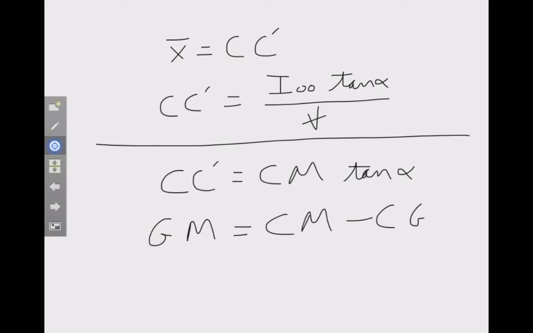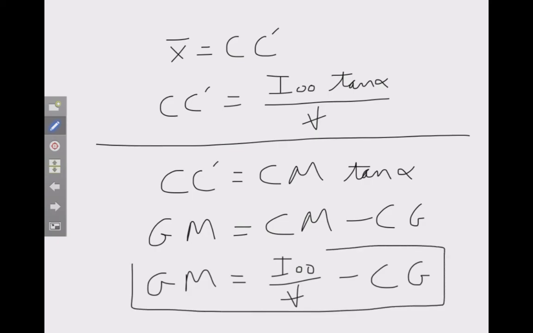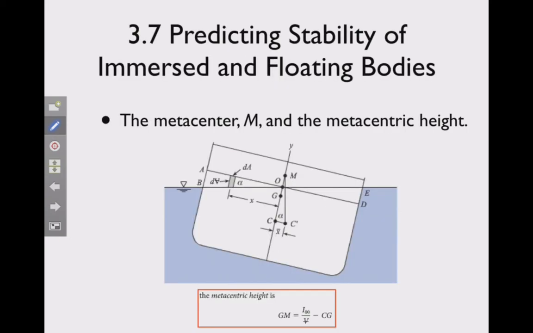What we end up with for our final equation for the metacentric height is that GM is simply equal to this area moment of inertia divided by the total displaced volume, minus the distance between the center of buoyancy and the center of gravity, which we can get from buoyancy. So that is our final relationship that gives us the metacentric height, and here it is written down at the bottom.